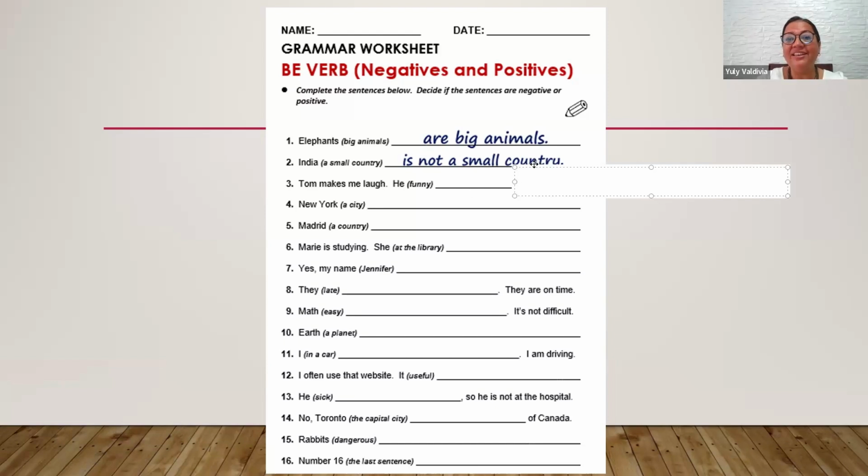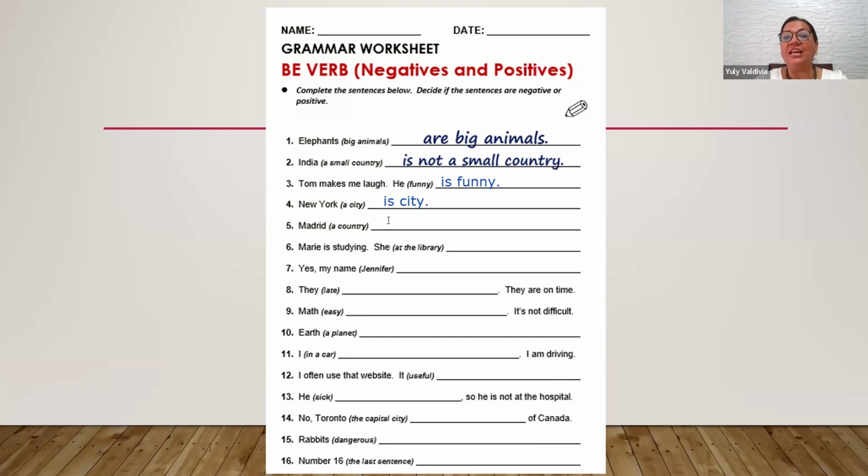So the correct alternative is he is funny. Great. New York is a city or isn't a city? The correct alternative is New York is a city. Great. What about you guys? Tell me, which do you think is the correct alternative?